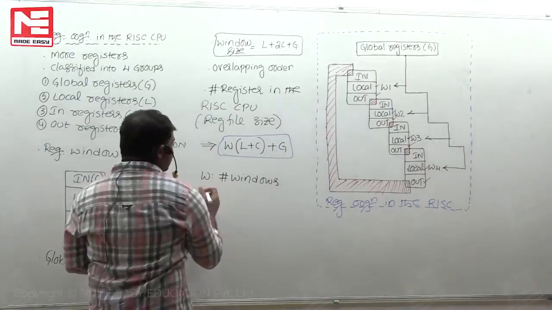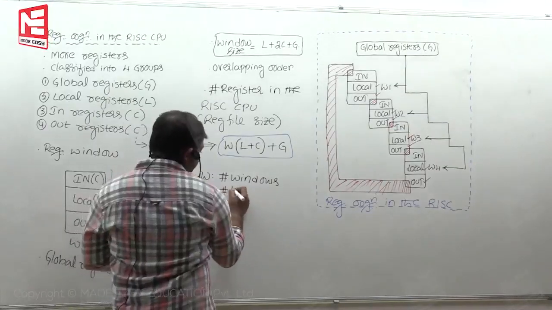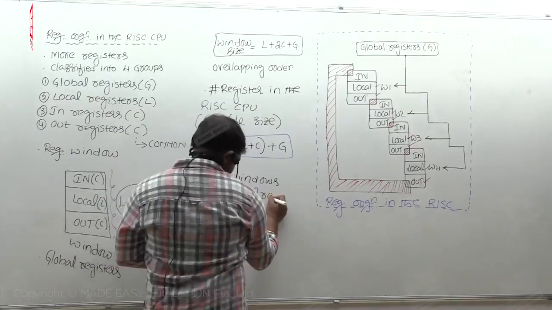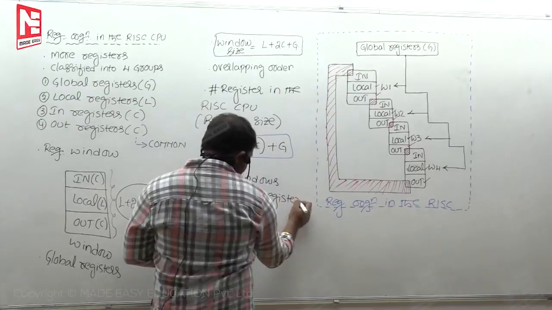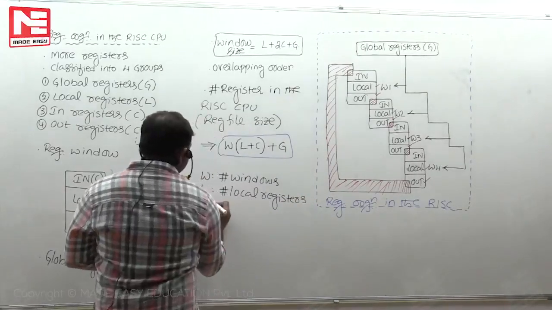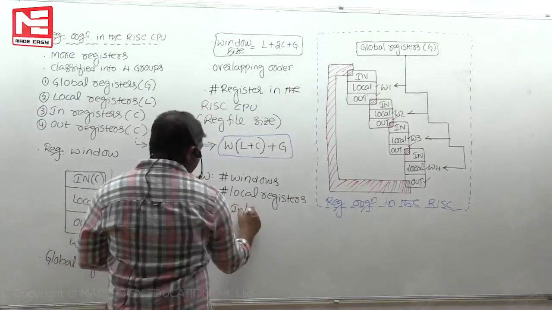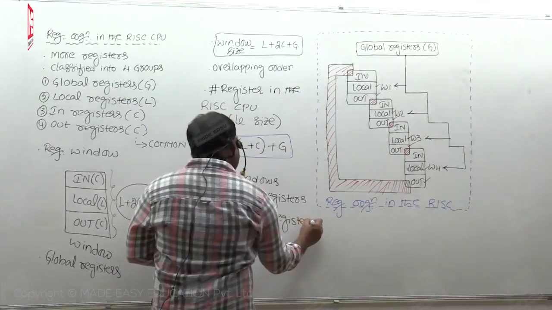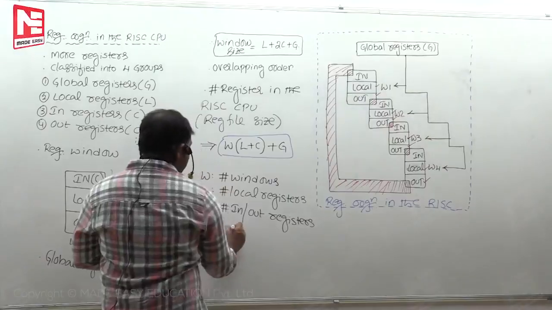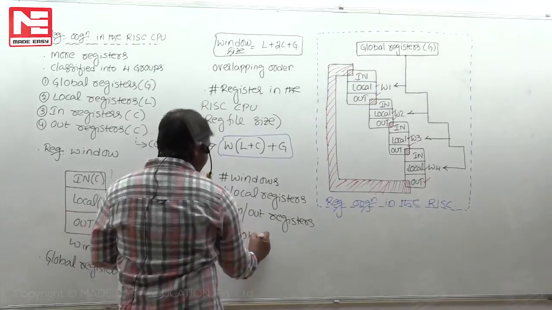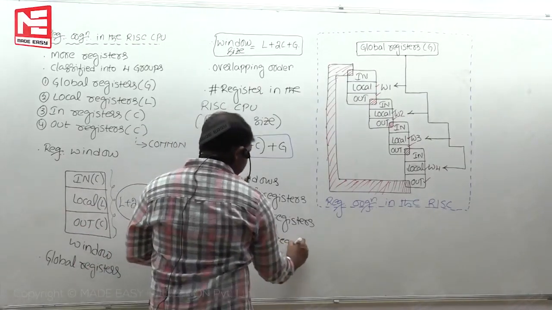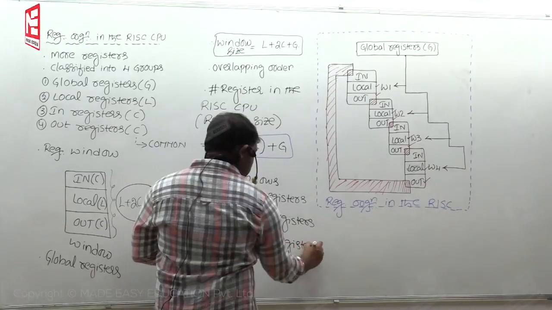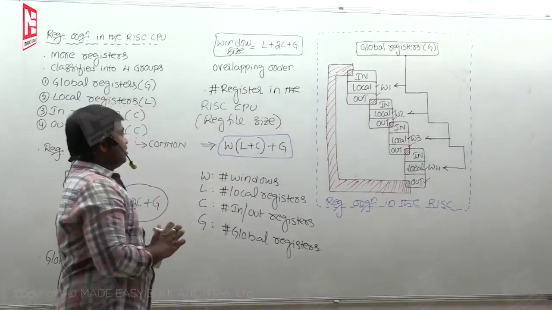So W means number of windows, L means number of local registers, C means number of in or out registers, not both, G means number of global registers. Is it clear?